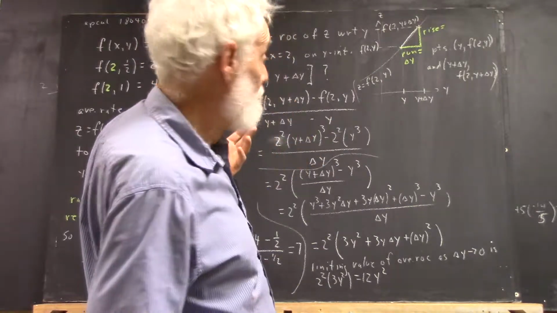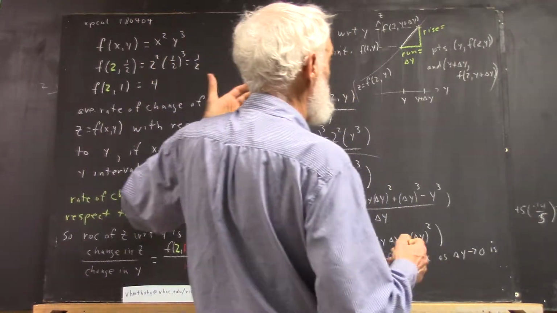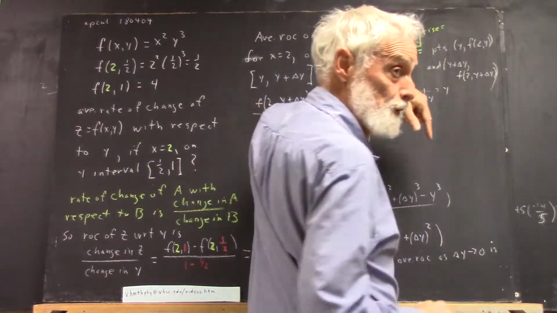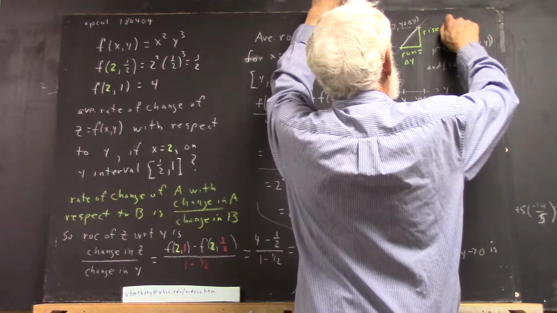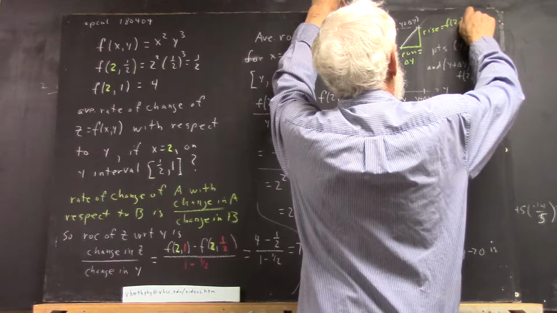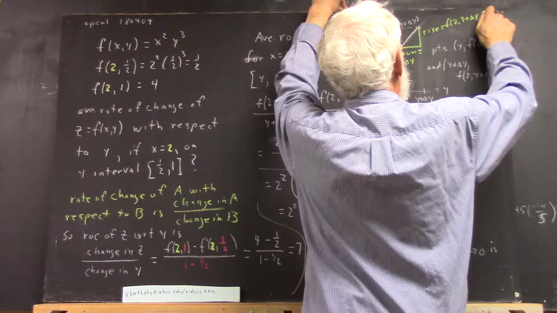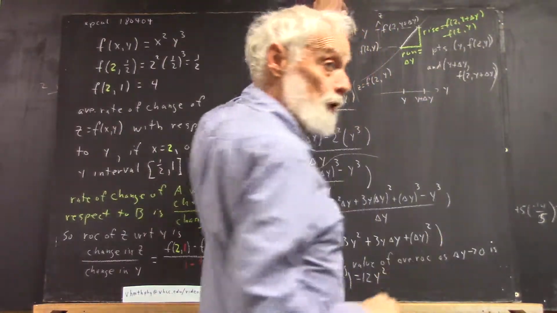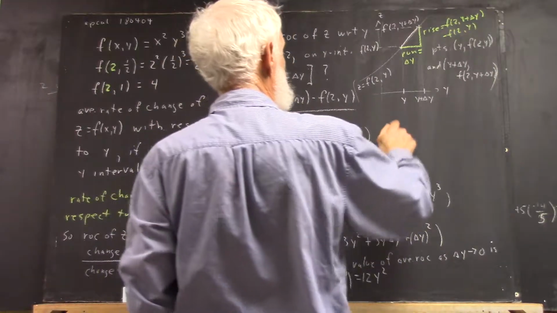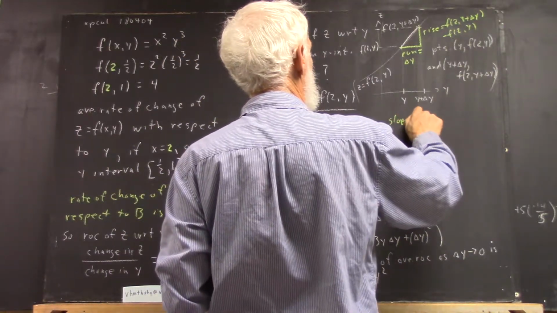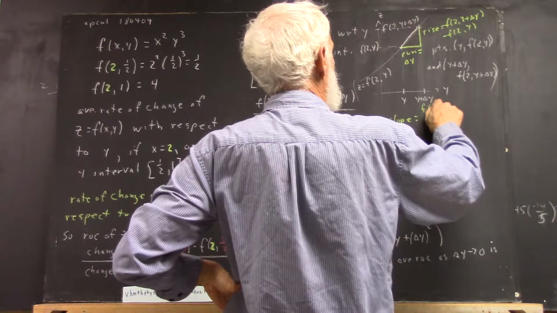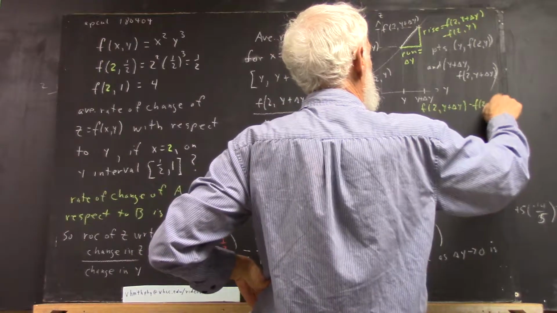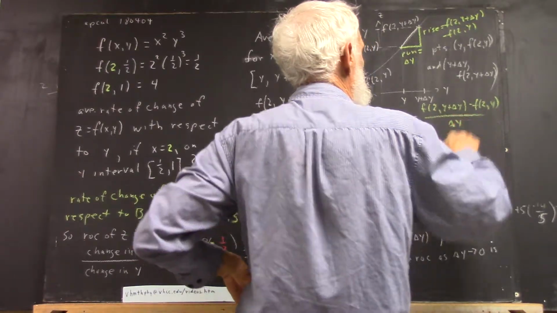Okay, the rise is what? Well, the rise is this y coordinate minus this one, right? Okay, so the slope is this, right?